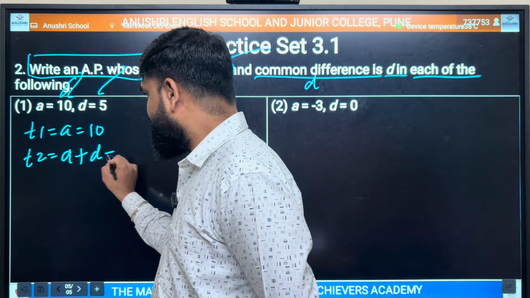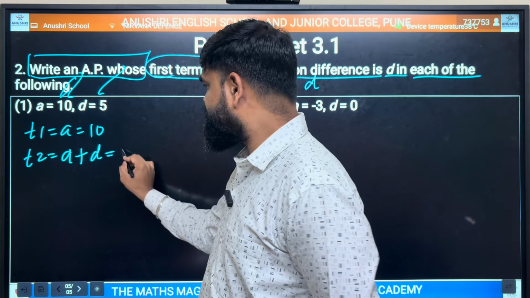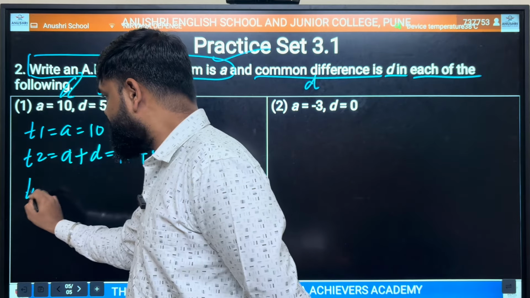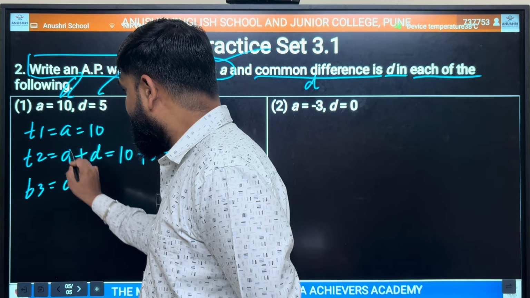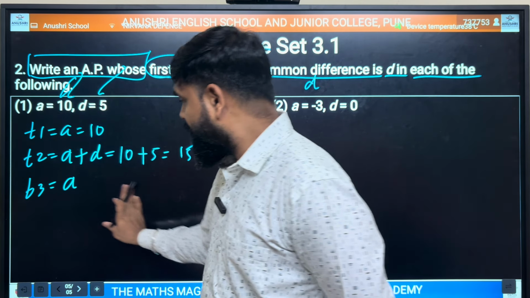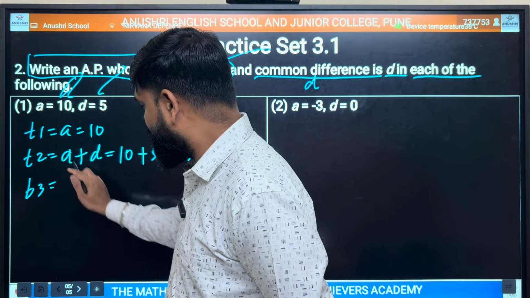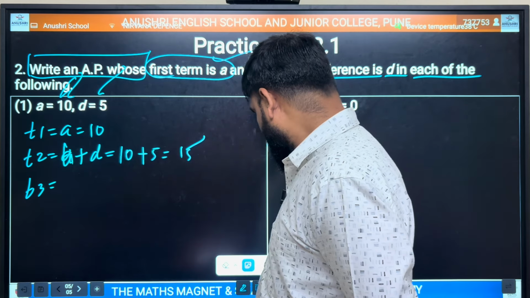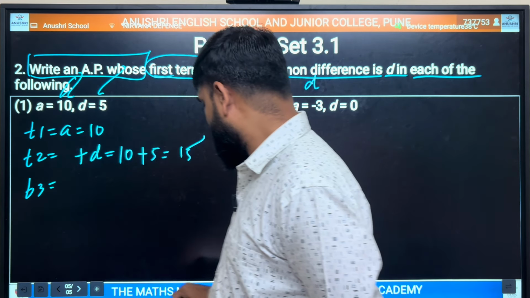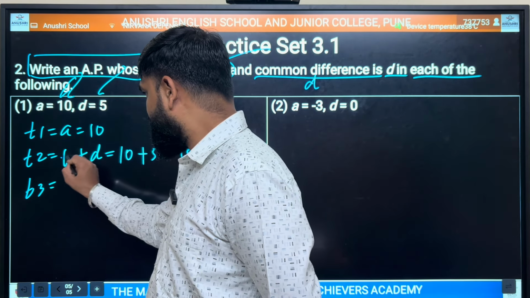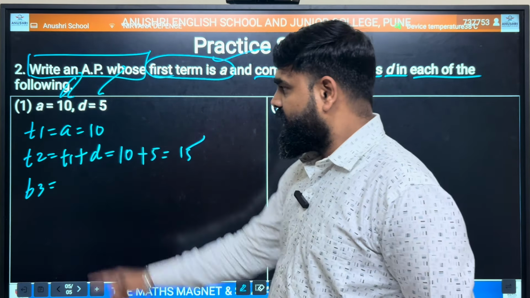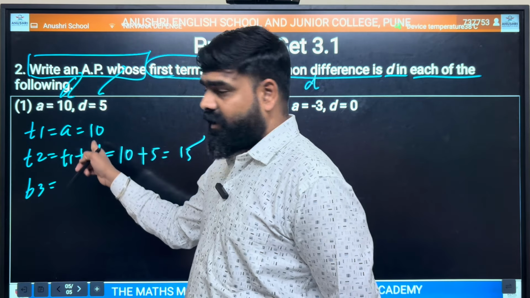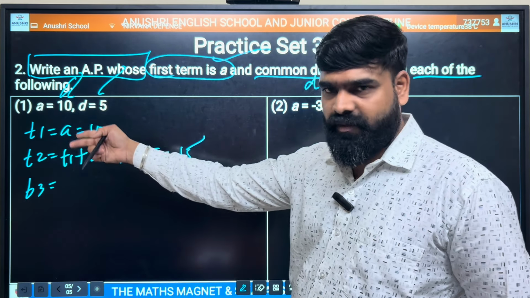So let us find this. A is 10 and D is 5. So we got 15 here. You can write T1 also, and you can write the A also here, because T1 is nothing but A. So for finding the term 2, you have to add D, the common difference, to the previous term.